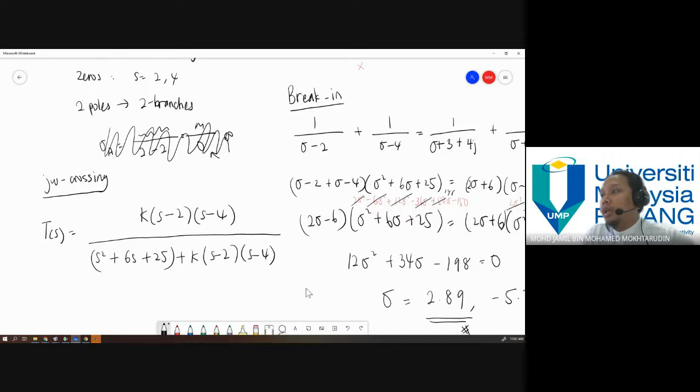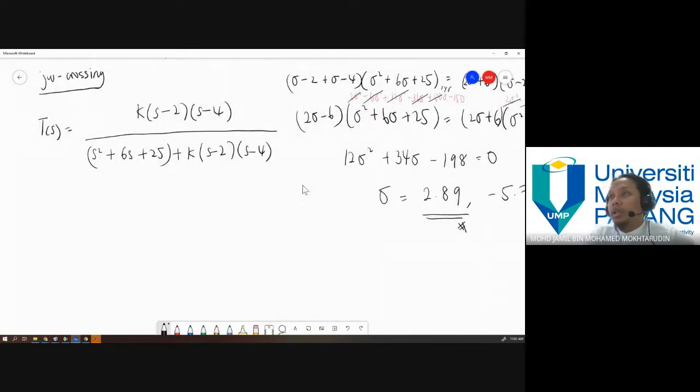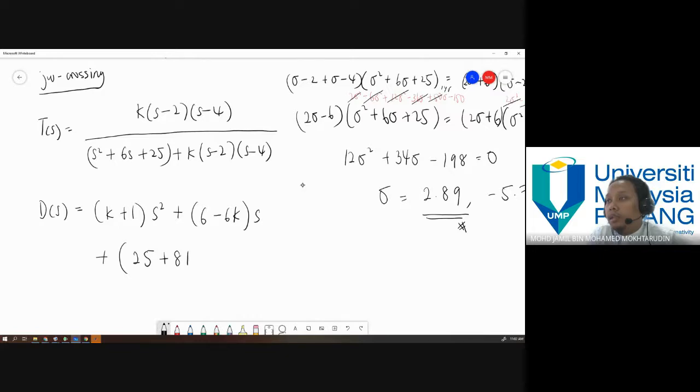Then expand this to get the denominator. So you get (k plus 1) s squared plus (6 minus 6k) times s plus (25 plus 8k).